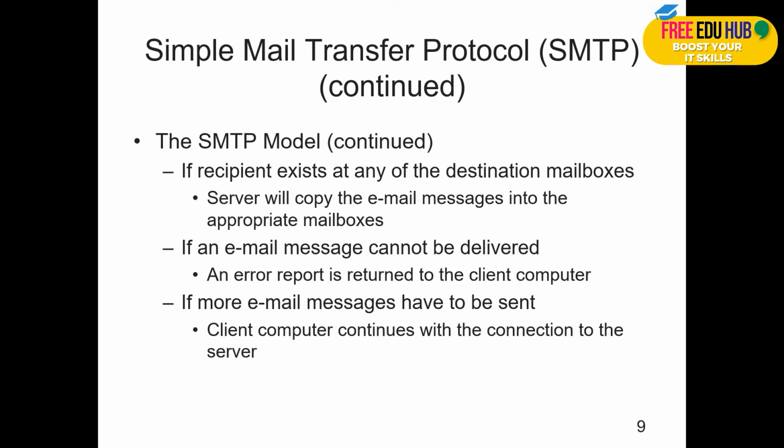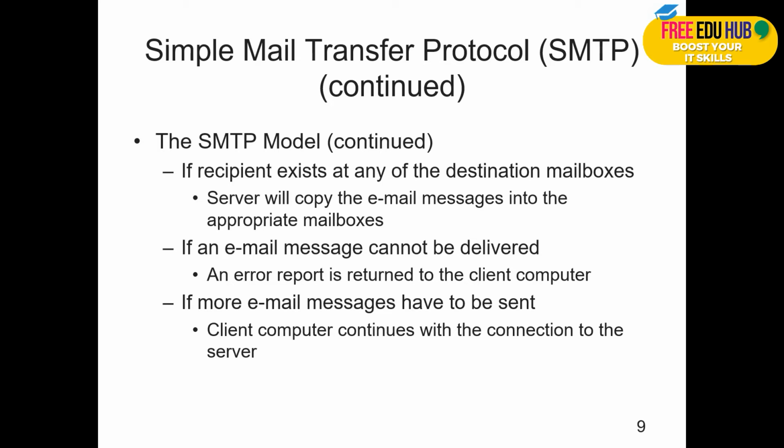Now, if the recipient exists at any of the destination mailboxes, the server will copy the email message into the appropriate mailbox. Just like a database of users, for every individual there is a mailbox on an Exchange server. In that mailbox, all the related information of that user is maintained, like all the emails which are received, sent, deleted, replied, and distribution lists, and any other folders that you create within your mailbox.